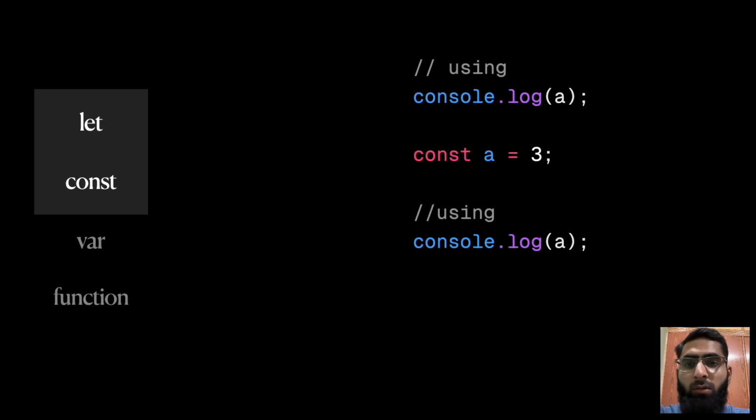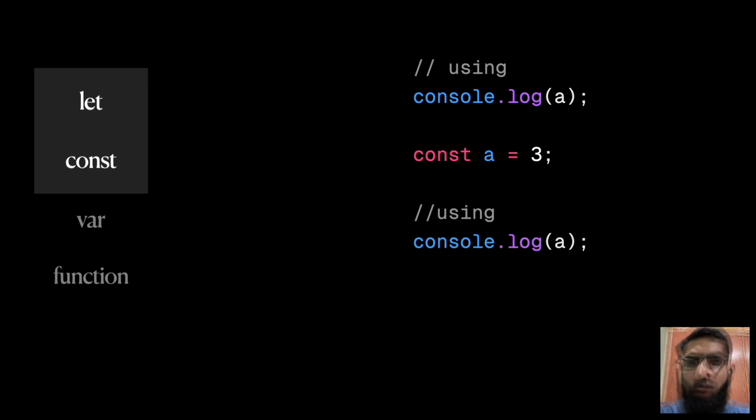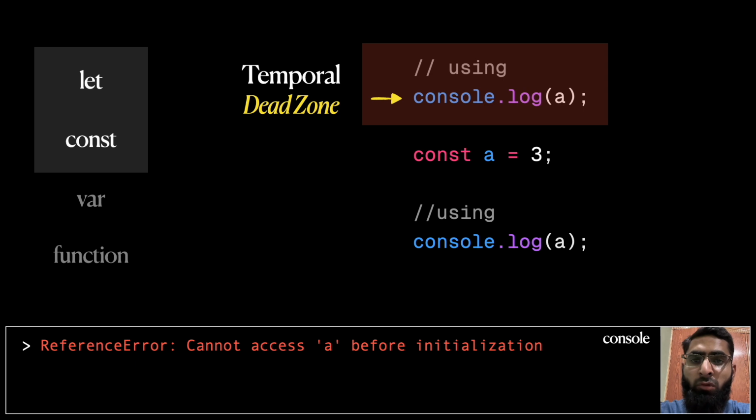Starting with let and const, they fall into the same category called value hoisting or lexical hoisting. So in lexical hoisting, the portion of code or scope before the execution of the declaration falls in the temporal dead zone with respect to the declaration, which here is a in our case.